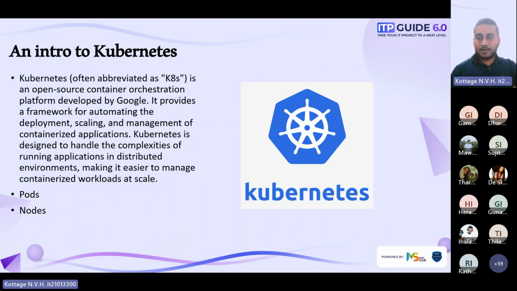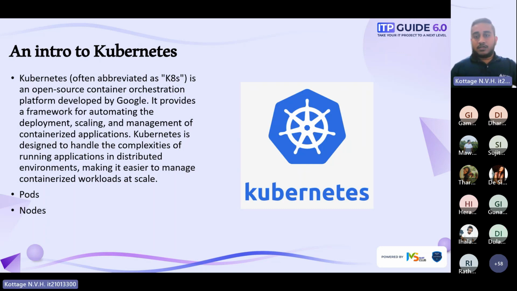Kubernetes provides a robust framework for running and coordinating multiple Docker containers across a cluster of servers. Basically, Kubernetes does orchestration of the containers. Kubernetes simplifies the management of containerized applications by automating various tasks related to deployment, scaling, and monitoring.